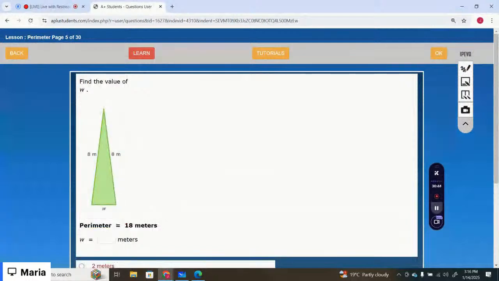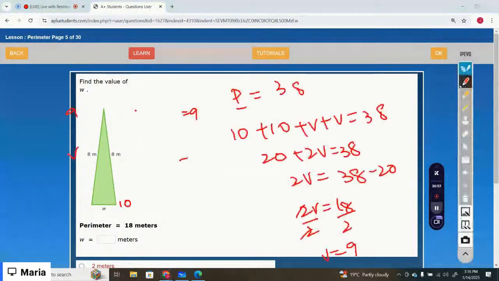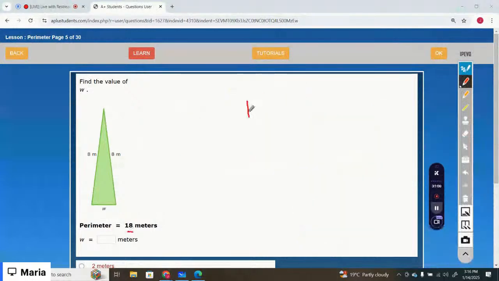Find the value of W. The perimeter you are given is 18.